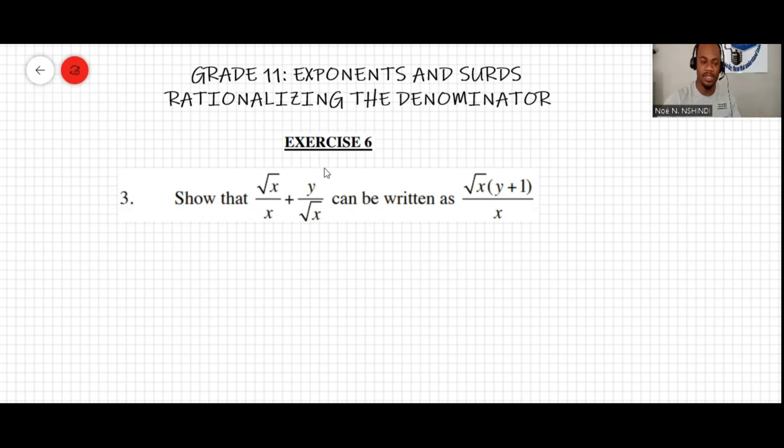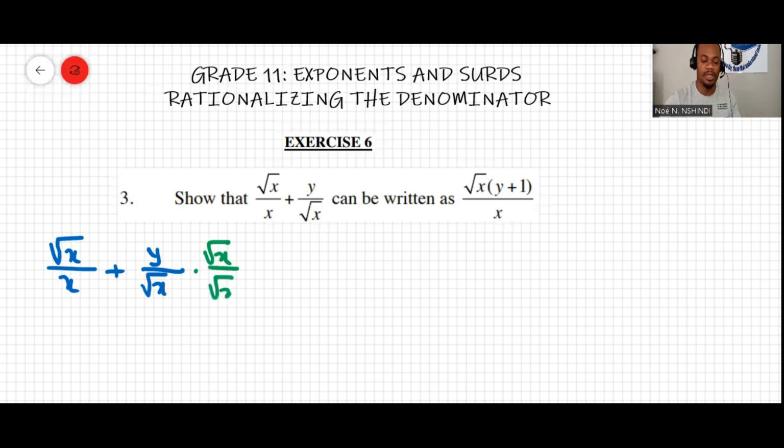So we can start by writing square root of x over x plus y over square root of x. To rationalize, we multiply by square root of x over square root of x.